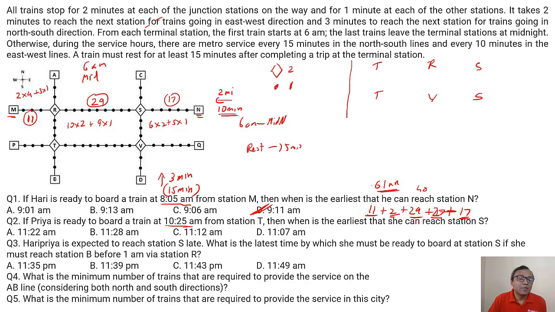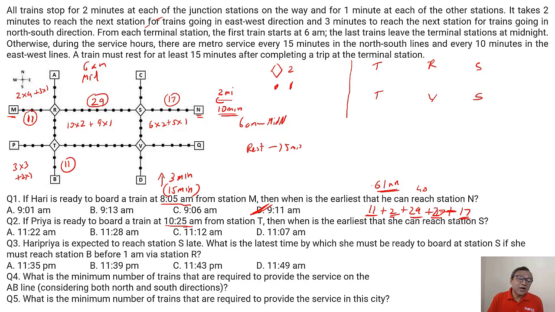Again, look at the time taken from B to T. 3 routes, 3 minutes plus 2 junctions, 1 minute, it's 11 minutes, plus 2 minutes at T. So the trains at T, looking at B, will start at, let's say, 10:00, 10:15, 10:30 and so on.